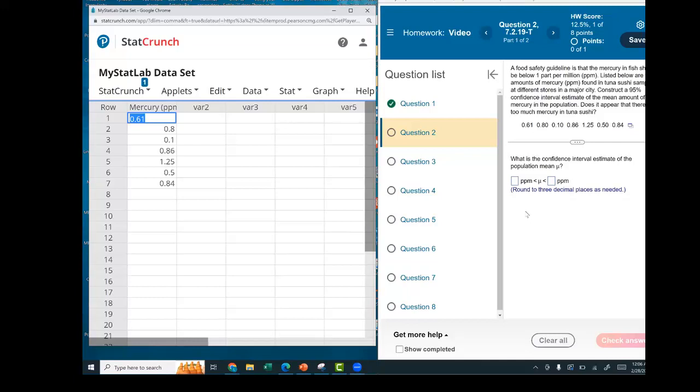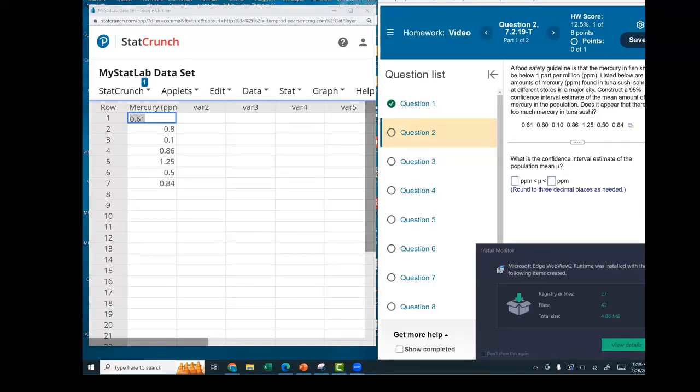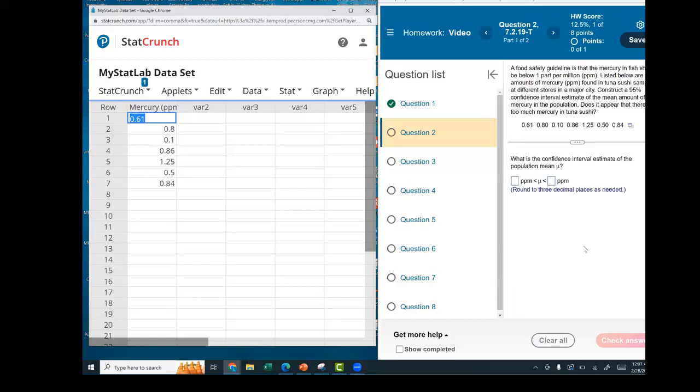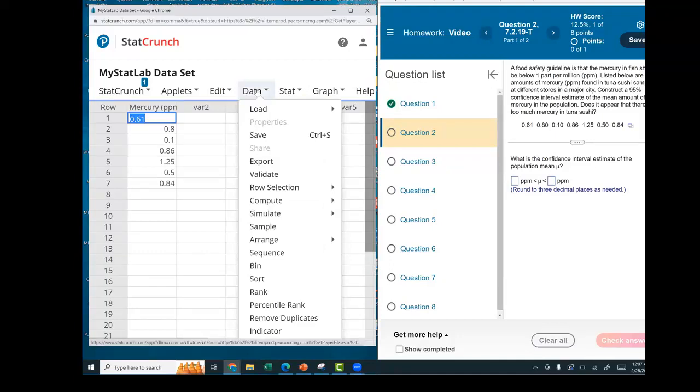And what do I have for information? This is the amounts of mercury found in the tuna, and I need to construct a 95% confidence interval estimate of the mean amount of mercury. Okay, so are we going to need a T or a Z?